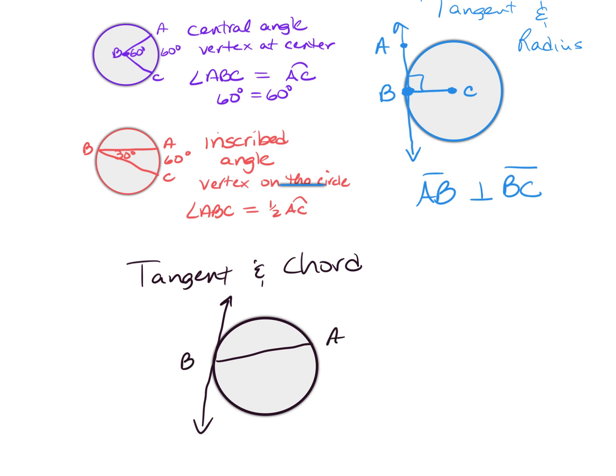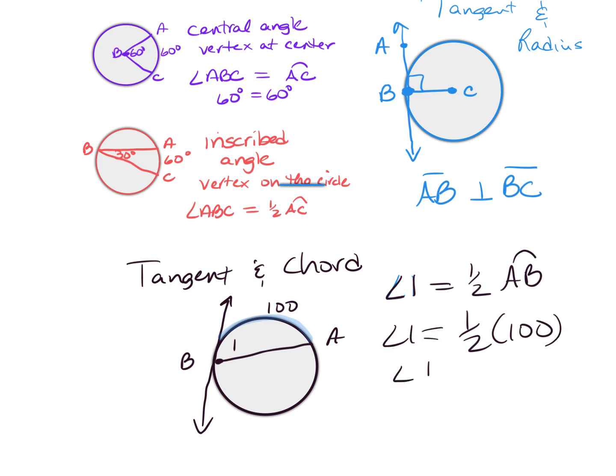So this is A and B. Then we learn that if I put a little 1 here, and then I tell you this arc here is 100, the measure of the angle formed by the tangent and the chord is going to be half of its arc measure. So when it's a tangent and a chord, angle 1 here would be 1/2 the measure of arc AB. So here, since arc AB was 100, angle 1 would equal 50.